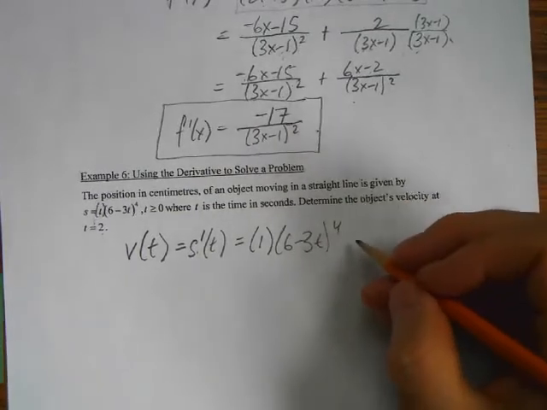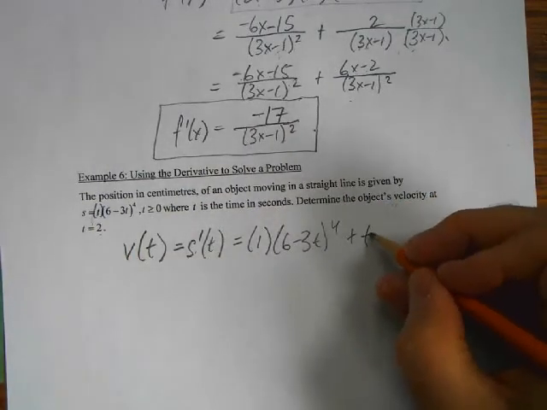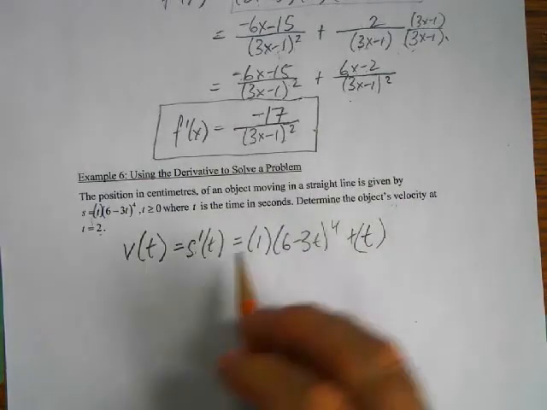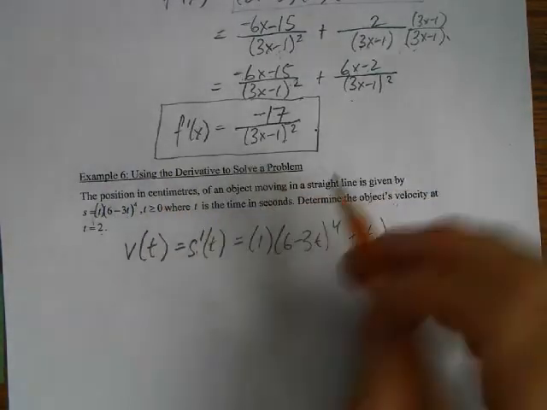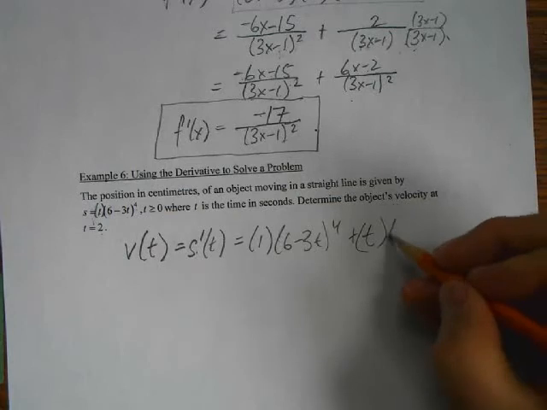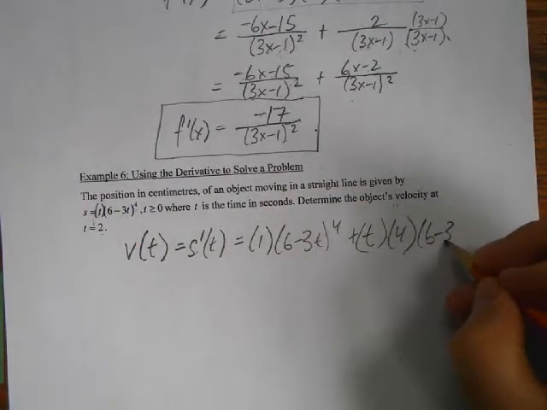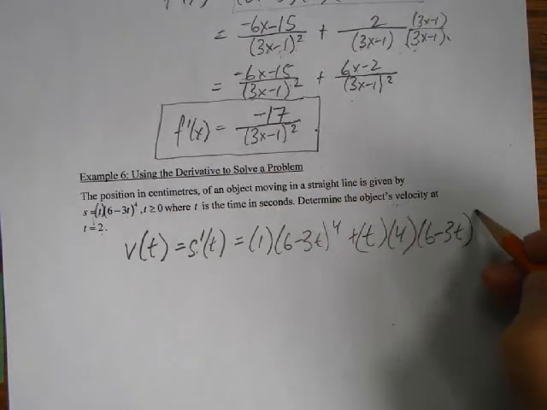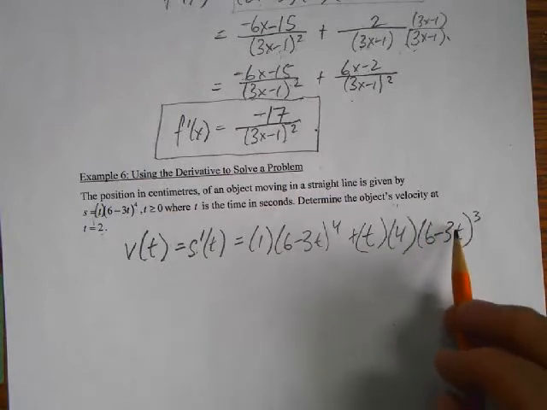And then we add the first function, which is just t. Might as well put that in brackets. And then times the derivative of 6 minus 3t to the fourth. So that 4 comes out in front as a multiplier. Then I have 6 minus 3t, and the exponent is reduced to 3. And then we take the derivative of what's inside here, and that's going to be minus 3.